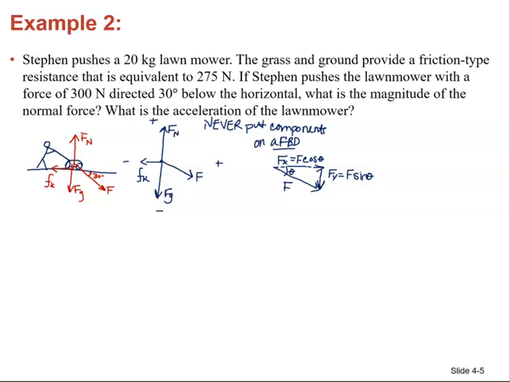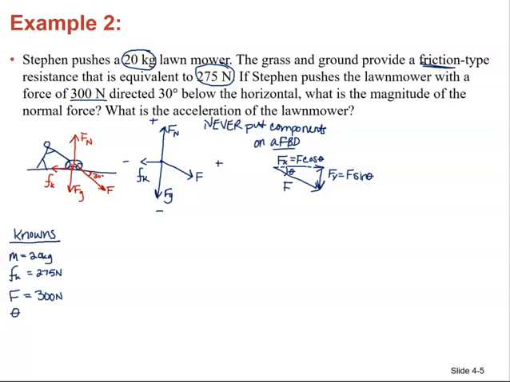Now we go back to the same steps we've always done, and we're going to do the knowns and what we're looking for. So what do we know? From the problem, we know the mass of the lawnmower is 20 kilograms. We know that the friction force is equal to 275 newtons. We know that Stephen is pushing 300 newtons.